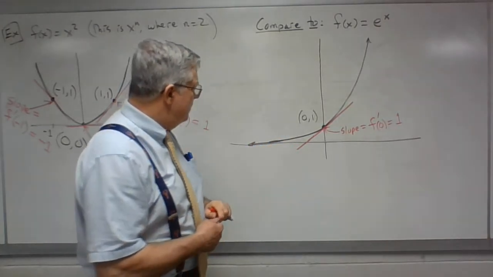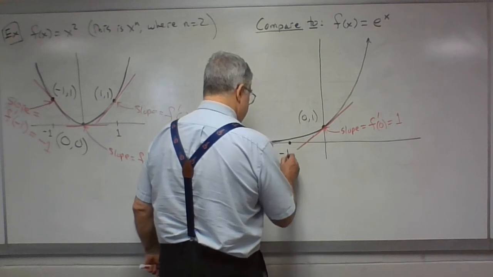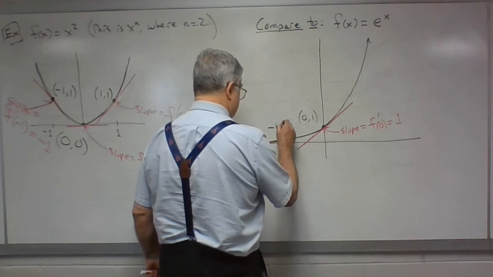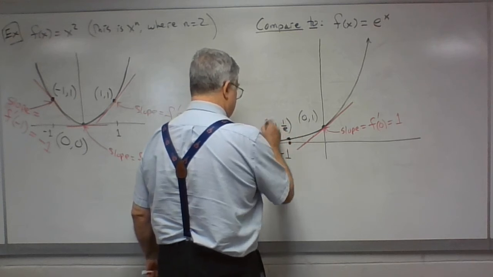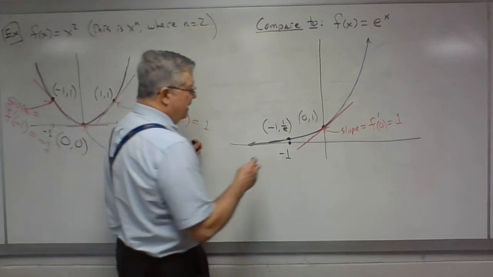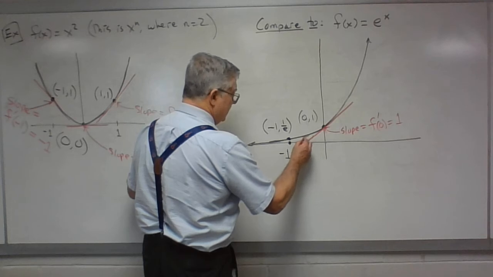Let's pick some more points. Let's try x equal -1. This is the point -1, and the y coordinate is 1 over e.